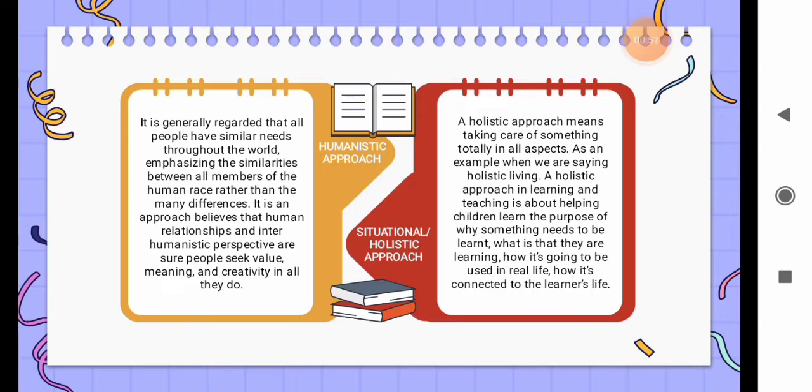Indonesia has applied the humanistic approach through curriculum 2013 that emphasizes four main points. First, students must be responsible for the spiritual aspect and have good behavior in the social aspect.